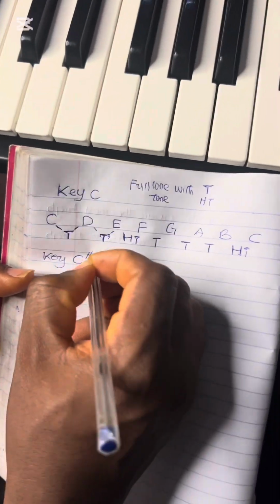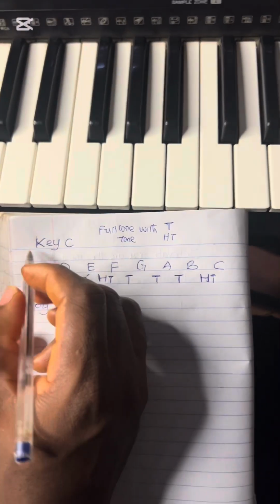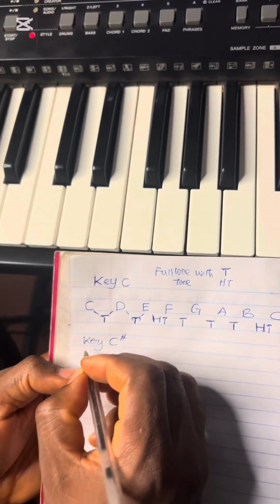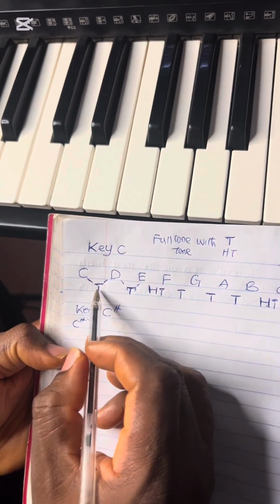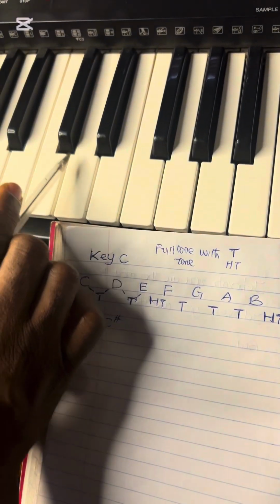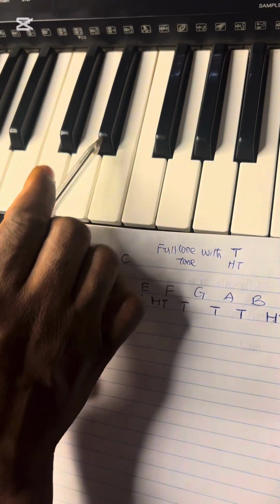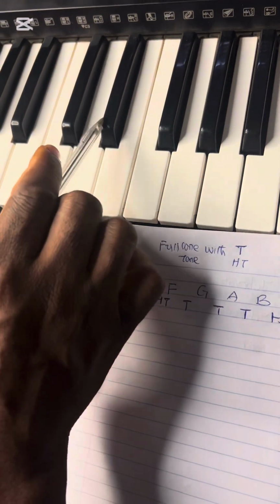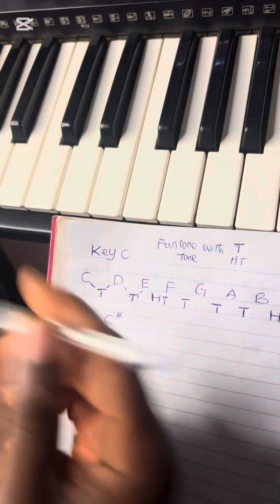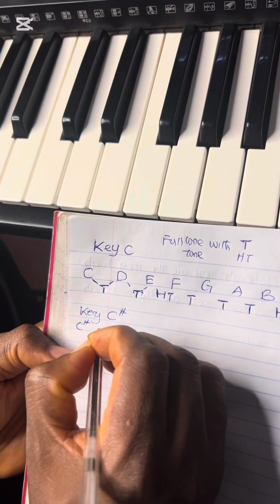So now let's do it for key C sharp. Just like in the other case, our first note is going to be C sharp. The next is a full tone movement, so we are going to jump here and land here. That means from here, we jump this D to land at E flat.